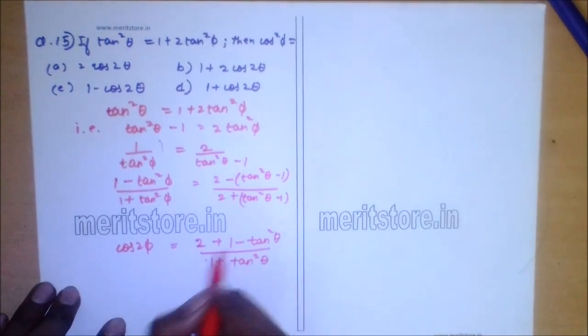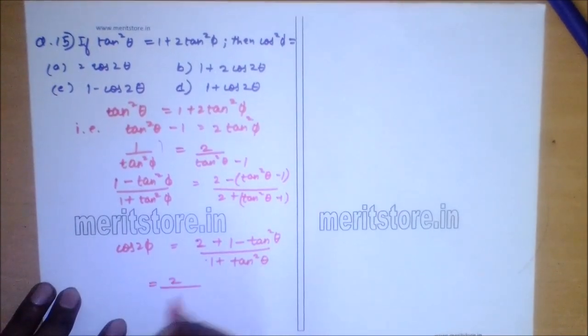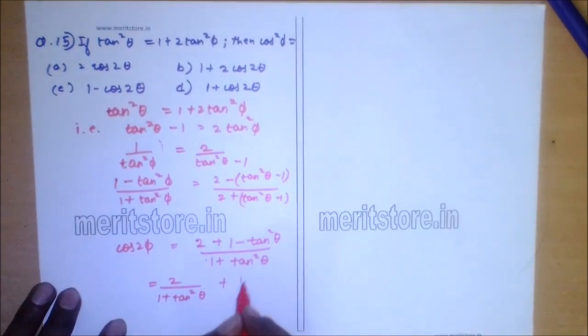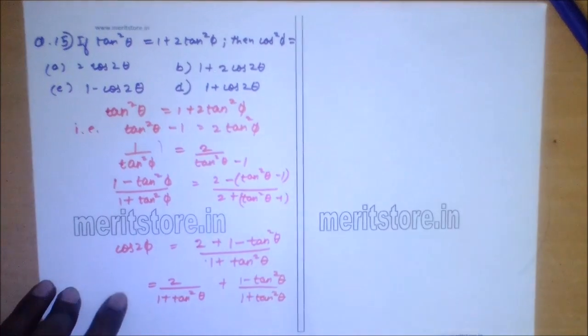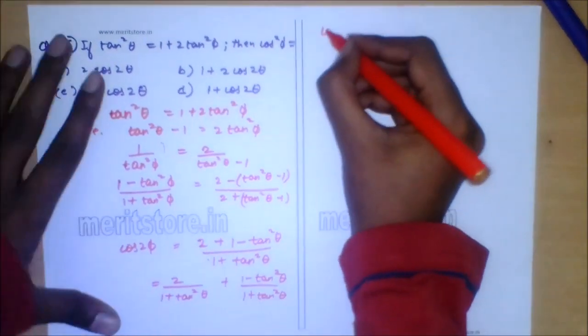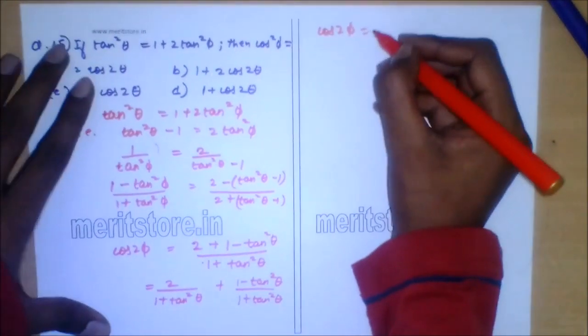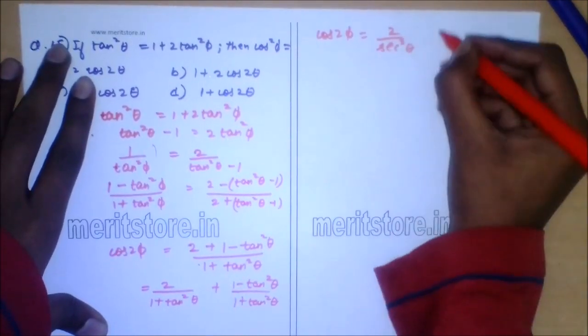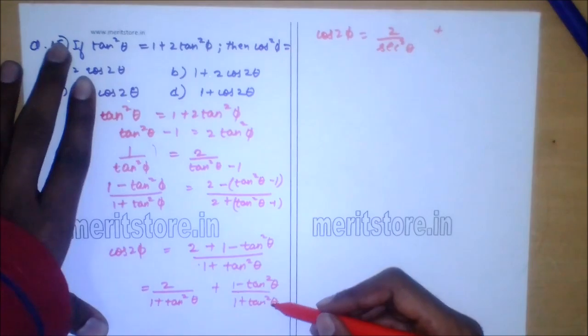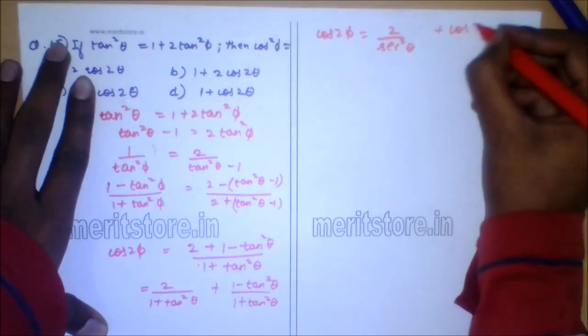So we split the numerator, and now we get 2 upon 1 plus tan square theta plus 1 minus tan square theta upon 1 plus tan square theta. 1 plus tan square theta is sec square theta. So we have cos 2 phi equals 2 upon sec square theta plus, this is the formula for cos 2 theta. So this is cos 2 theta.